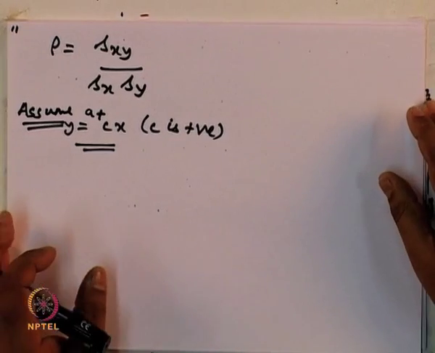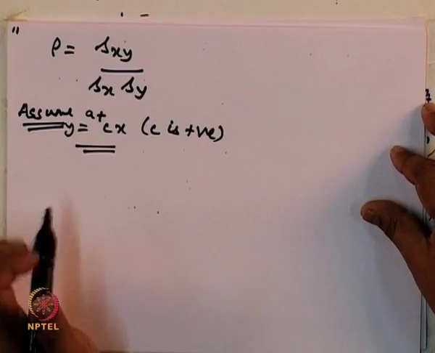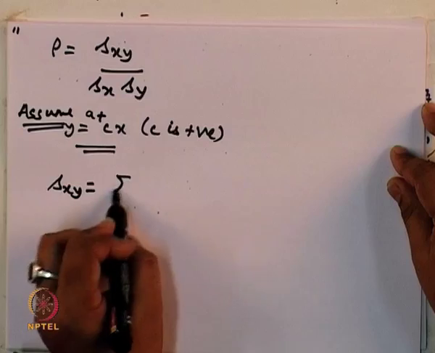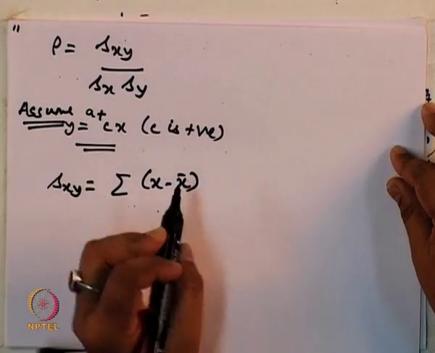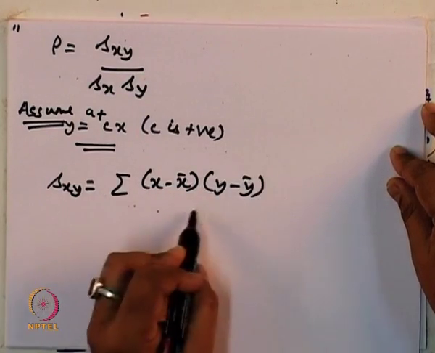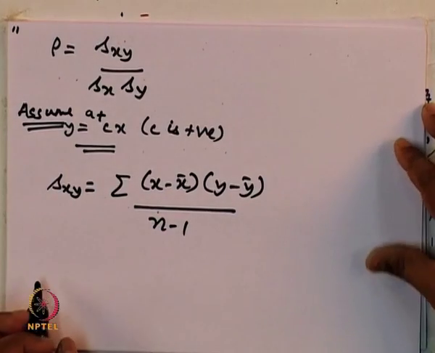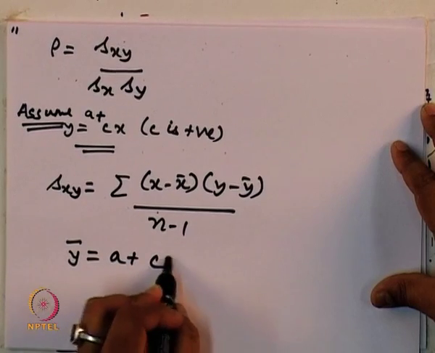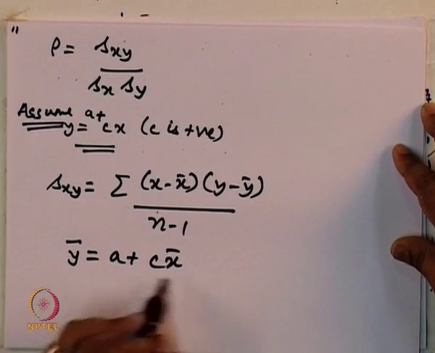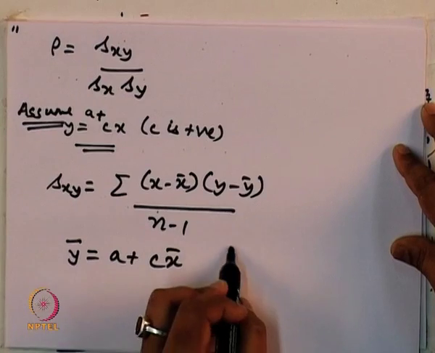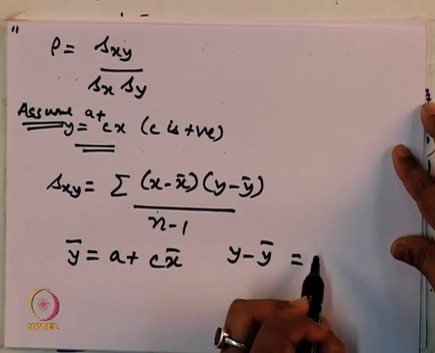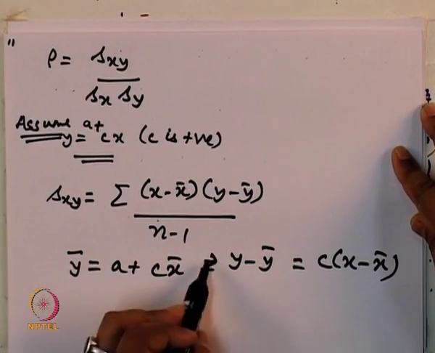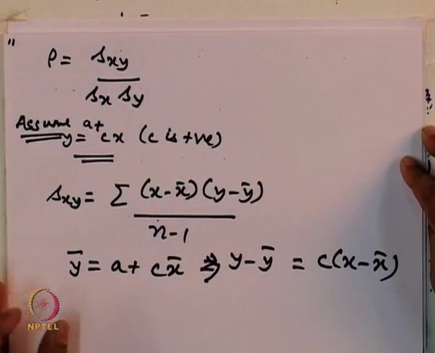If we assume y is equal to A plus Cx, then my Sxy is defined as summation of (x minus x bar) into (y minus y bar), divided by n minus 1. I know my y bar has to be A plus Cx bar. From previous classes we had derived this equation. So, y minus y bar is nothing but C of (x minus x bar).